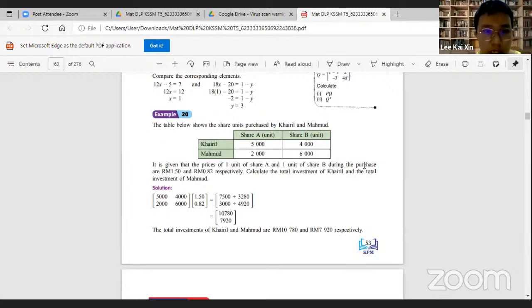The prices of 1 unit of share A and 1 unit of share B during the purchase are 1.50 and 82 cents respectively. Calculate the total investment of Kyril and of Mahmoud in matrix form. In the exam, they will ask you to use matrix form to calculate.